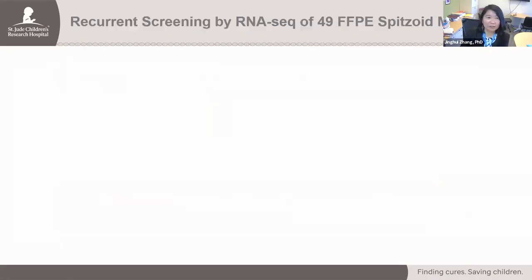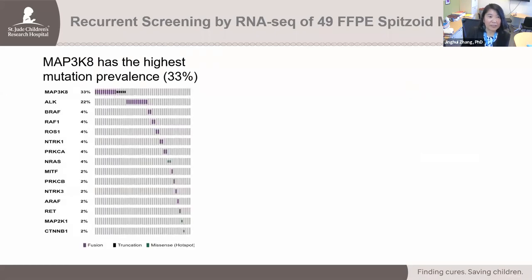So this is the case of N of 1 we discovered in our cohort. The next question is, do we find more patients with this fusion event? In collaboration with Amita Bahrami in Pathology, who had an archive of FFPE materials with spitzoid melanoma, we performed RNA-seq and discovered that MAP3K8 gene fusion or truncation actually has the highest mutational prevalence in this cohort.